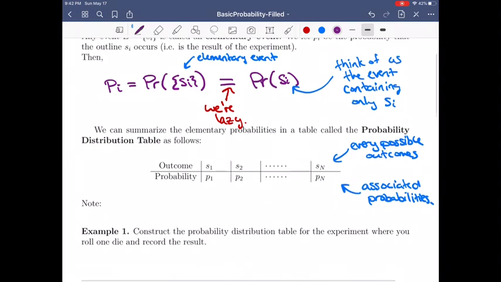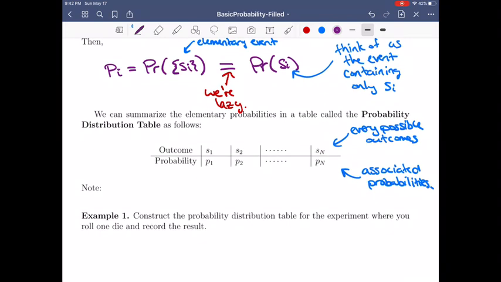Basically it says the probability for each outcome, the probability that that single outcome occurs. Now, just a note here, what would happen if I added up all of these probabilities? Exactly one of them needs to occur. So the group of all of them should be the sample space. It should be a certain event. And each of these elementary events are mutually exclusive.